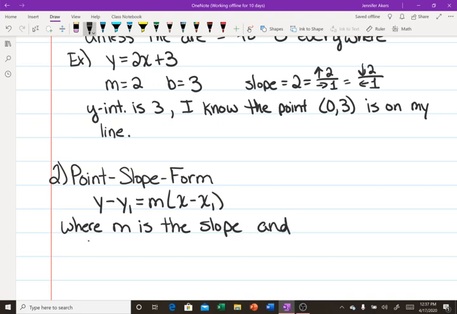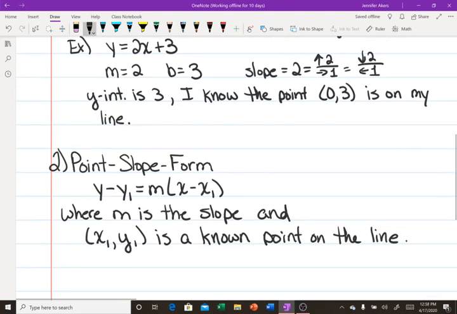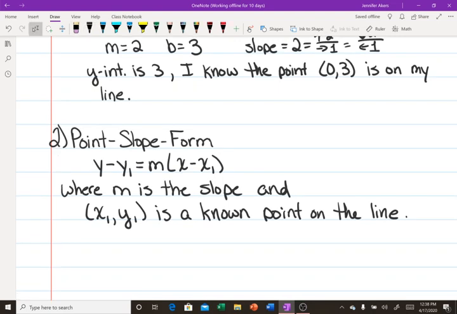And (x1, y1) is a known point on the line. There's nothing special about this point other than we know what it is. So in point-slope form, we'll have a value for m, a value for x1, and a value for y1.